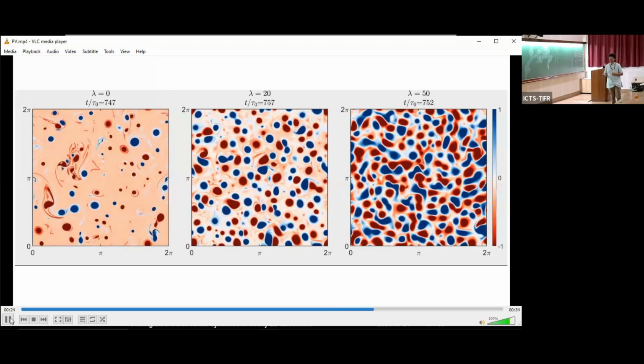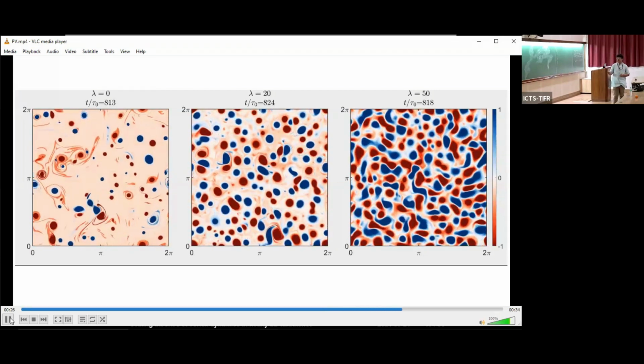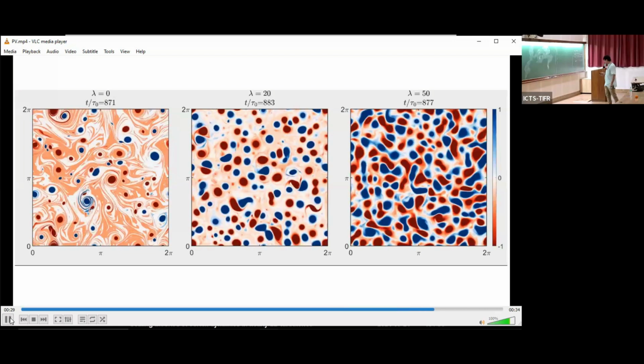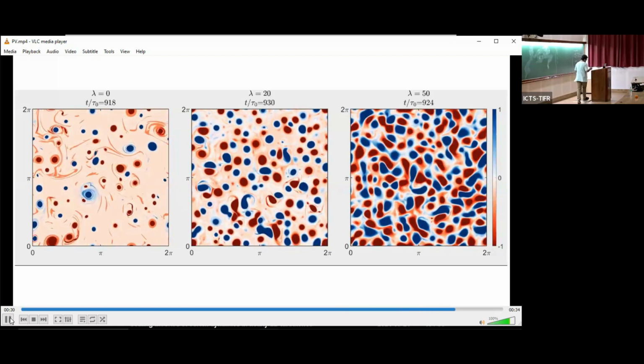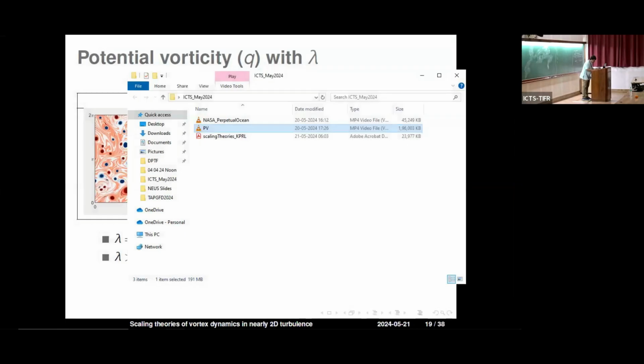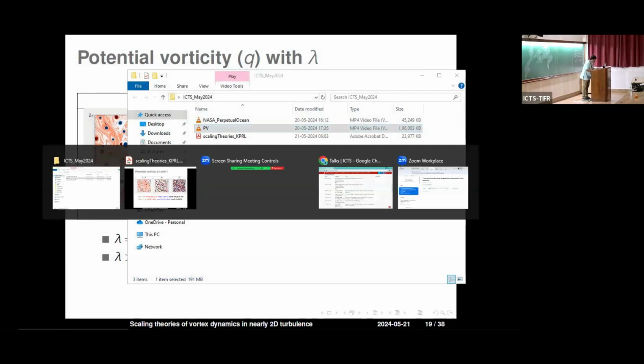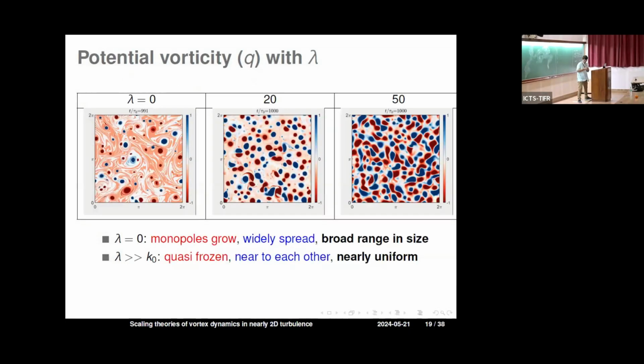So via these complex networks, we will show that these are robust compared to this. Near the equator, monopoles grow widely spread, in a broad range of sizes, but near mid-latitudes, one will see quasi-frozen, near to each other, nearly uniform kind of vortices.